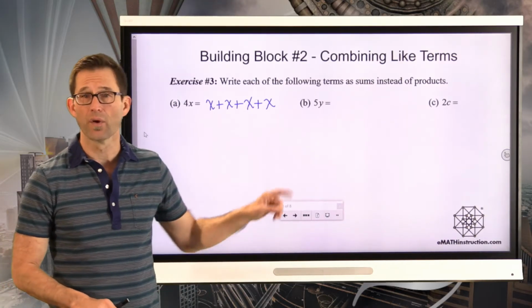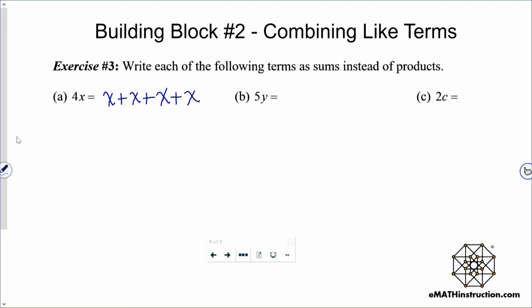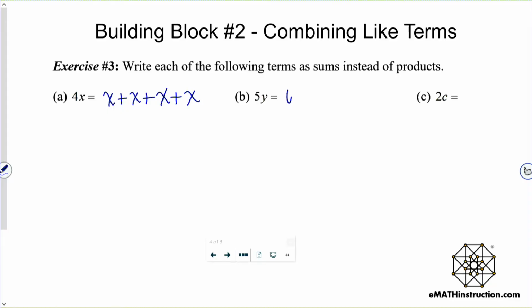Why don't you pause the video really quick and do letter B and letter C. They're pretty simple. All right, well, 5 times y, that's easy enough. That's y plus y plus y plus y plus y. 5 y's added together.